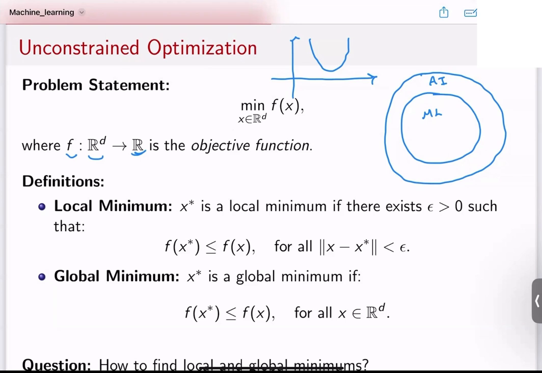The critical points are generally candidates for local min, right? And we used tools like the second derivative test or the first derivative test to tell whether the critical point is a local min, local max, or a saddle point. This was the main tool that we used there.